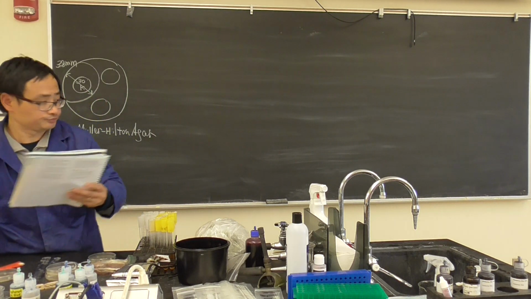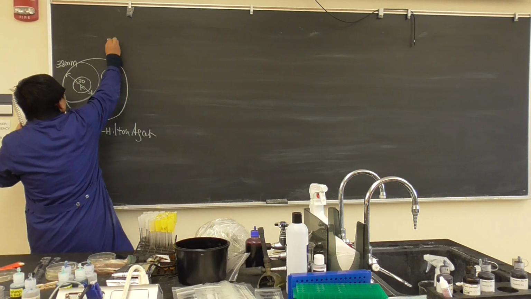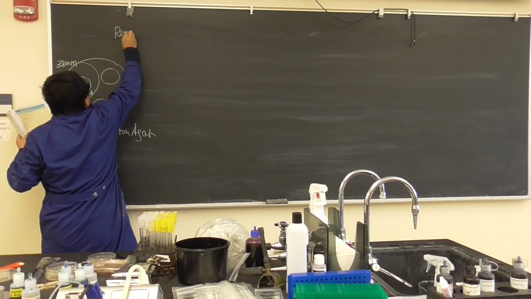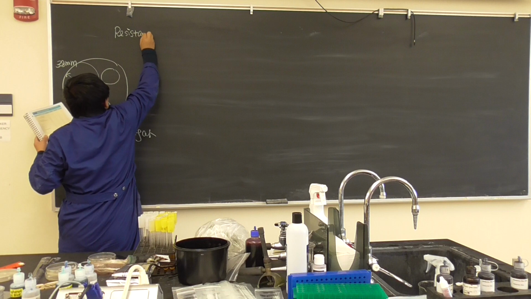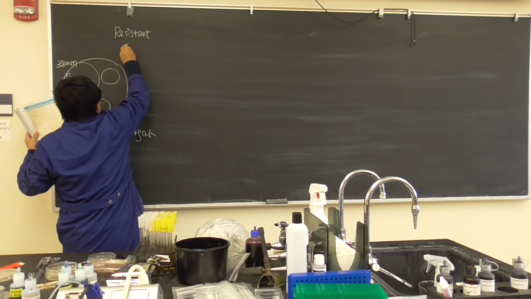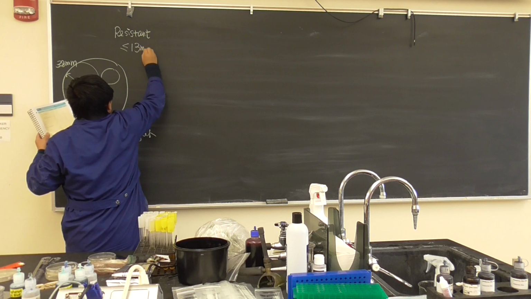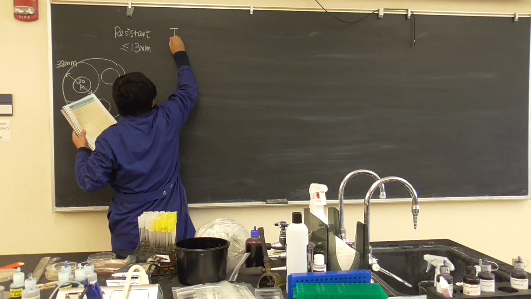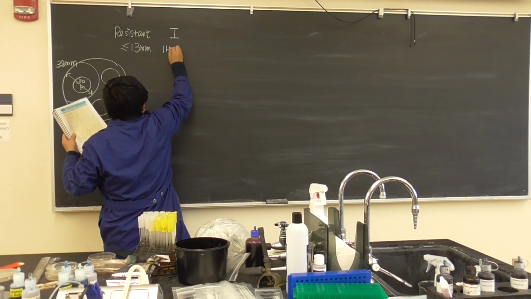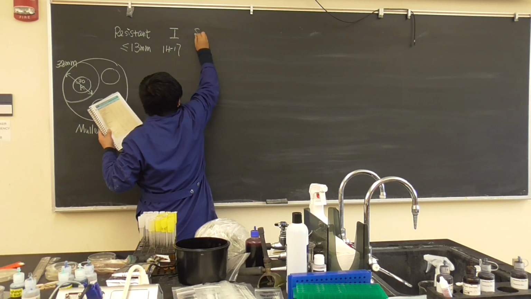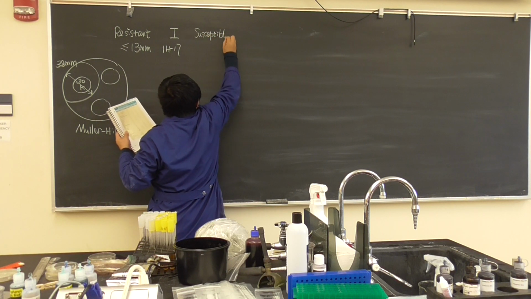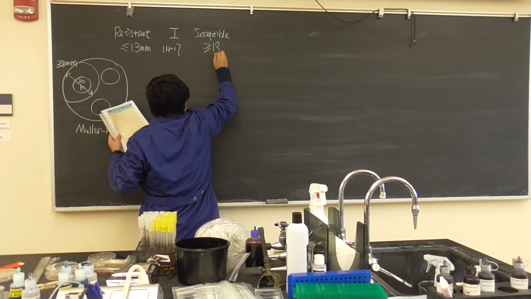Kanamycin we see is resistant if it is less than 13 millimeters, intermediate 14 to 17, and susceptible, which is more than 18 millimeters.